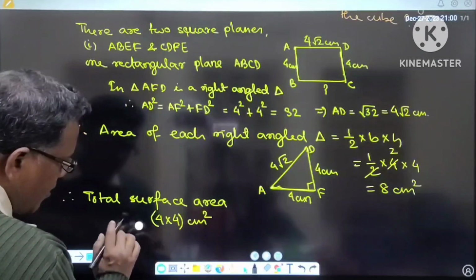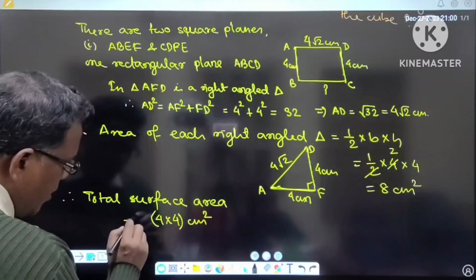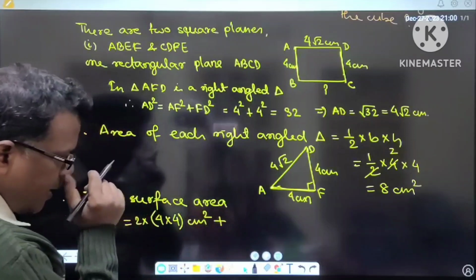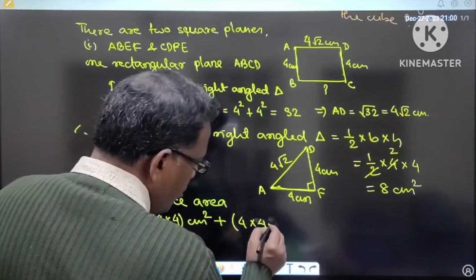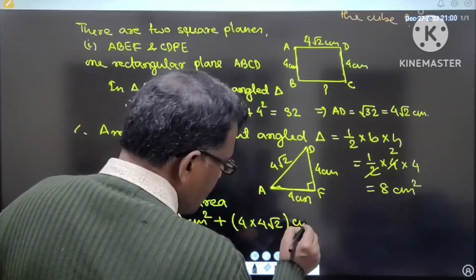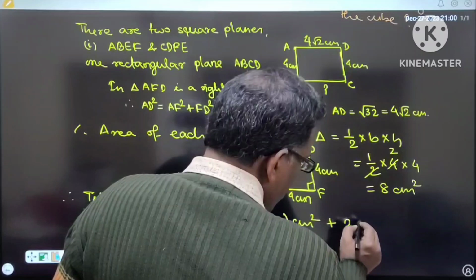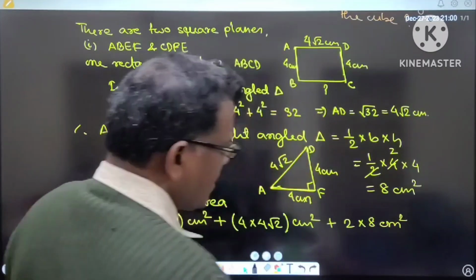So I can write down it is 2 into 4 into 4 plus the rectangular portion is 4 into 4 root 2 centimeters square, and there are two triangular areas each of 8 centimeters square.